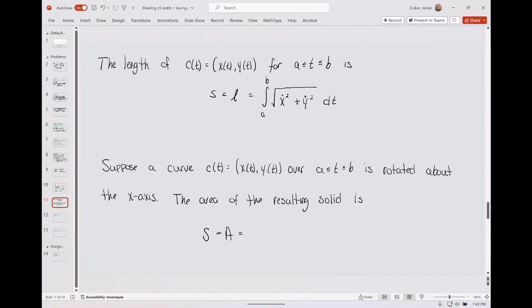All right, so capital S or A, integral from a to b of y times the square root x dot squared plus y dot squared dt. And the beautiful thing about this is if it's now rotated about the y-axis instead, there's only one change to the formula. That y becomes x.